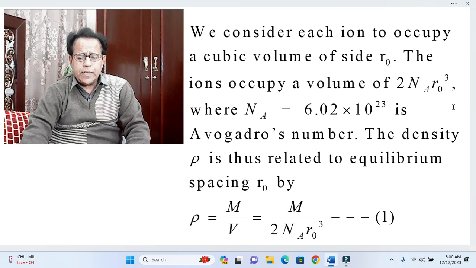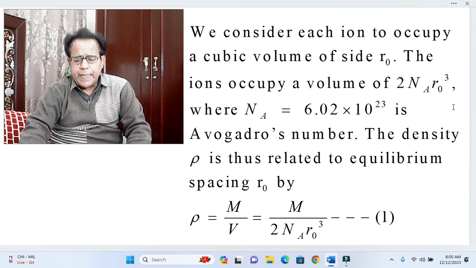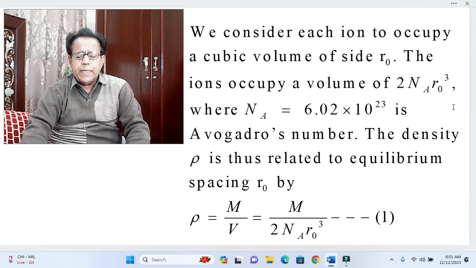The ions occupy a volume of 2 N_A R naught cube, where N_A, capital A written as a subscript of capital N, is Avogadro's number, equal to 6.022 into 10 raised to the power 23.